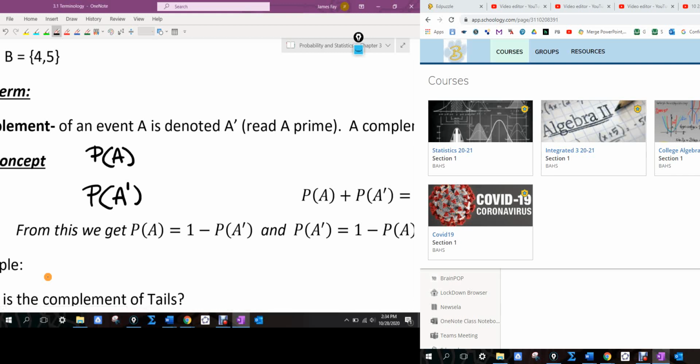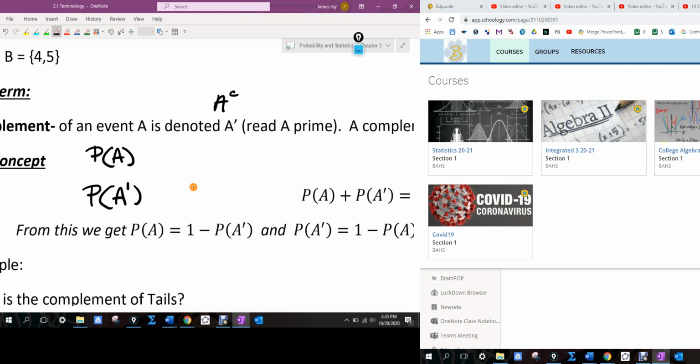You've got a choice when reading and doing these problems. You might see somebody say, what's the probability of A prime? Or they might say, it's the complement of event A, so what's the probability of the complement of event A? Some textbooks will instead of A prime put a little c up there as a superscript, which stands for complement.